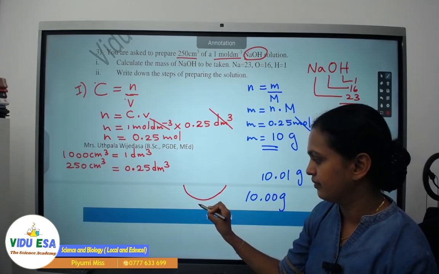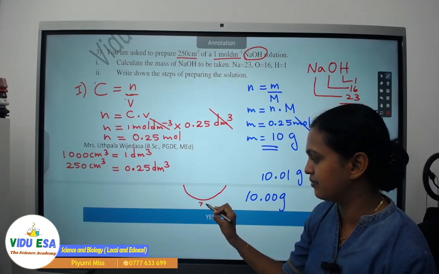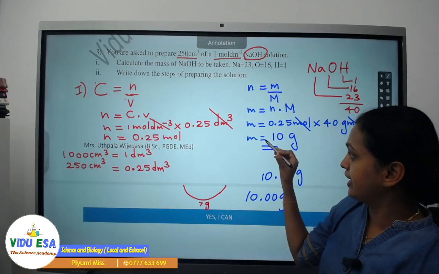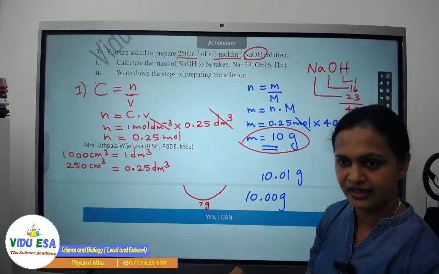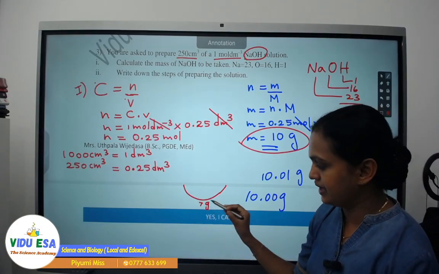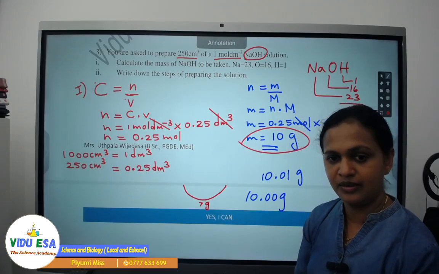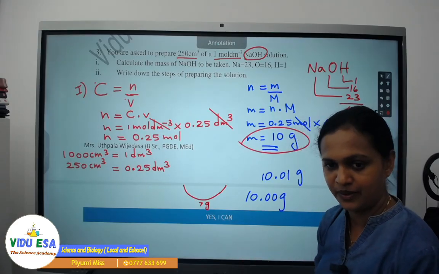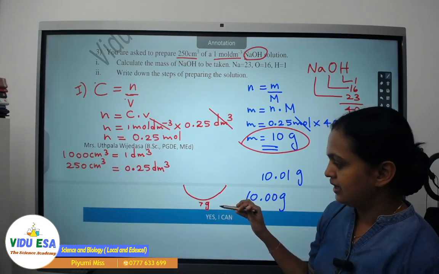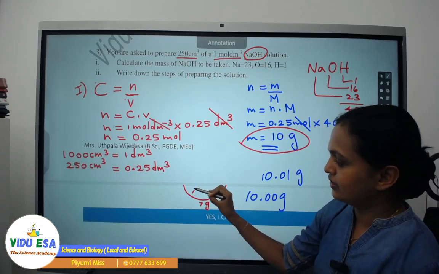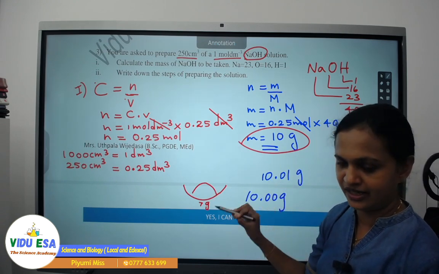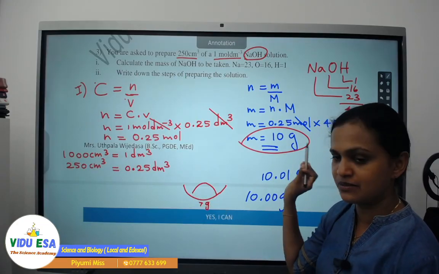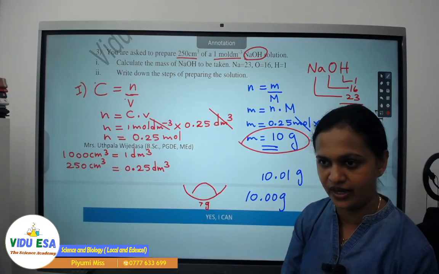It is, I don't know, 7 grams. We need 10 grams of sodium hydroxide. 10 plus 7, 17. We keep this on the balance, maybe triple beam balance or four beam balance, and we add sodium hydroxide until the total becomes 17. Again, the mass of the watch glass plus the mass of sodium hydroxide required.